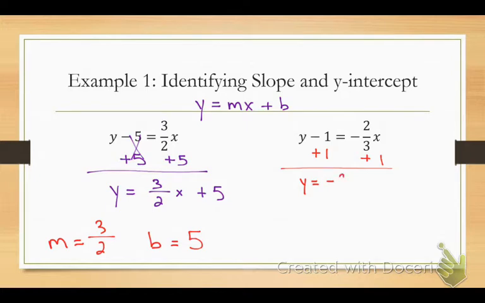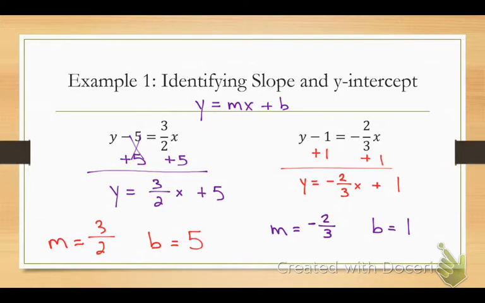Yes, negative 2/3 x plus 1, okay? So now, it's m equals 3/2. Hold on, don't flip it. M equals negative 2 over 3, and then b equals 1. Yeah, the number that's at the end. How many of you got negative 2/3 and 1? Did you get that?